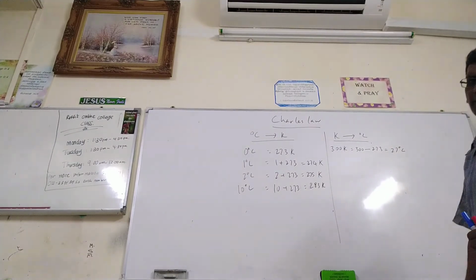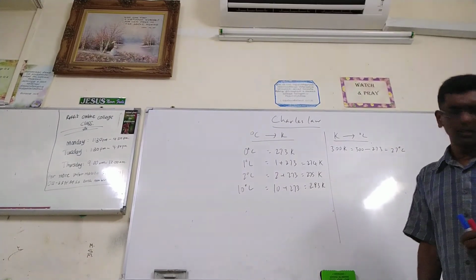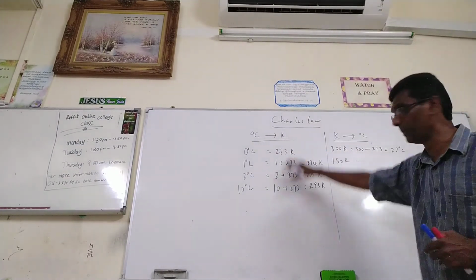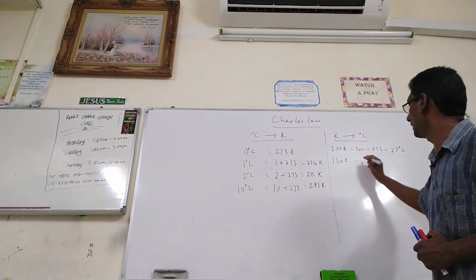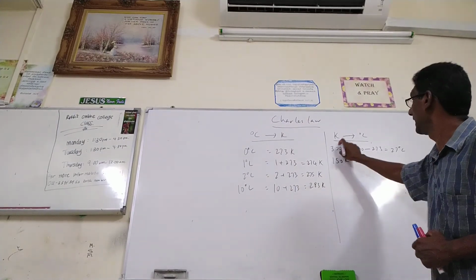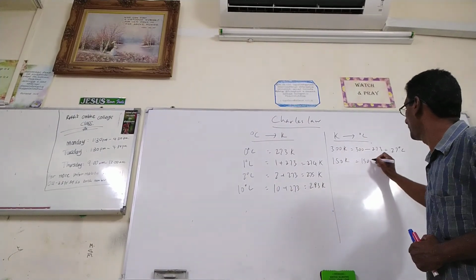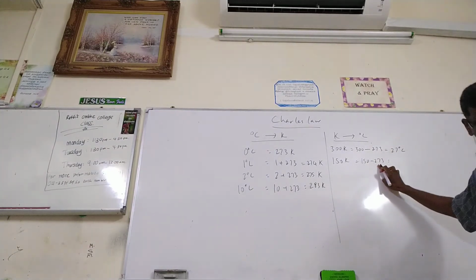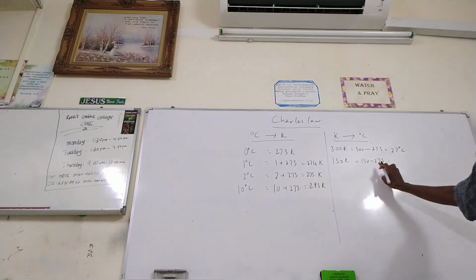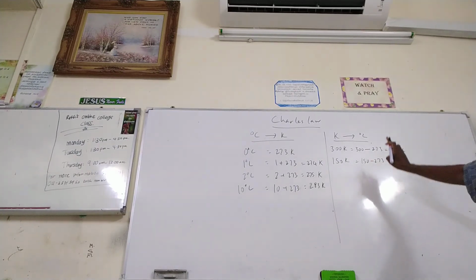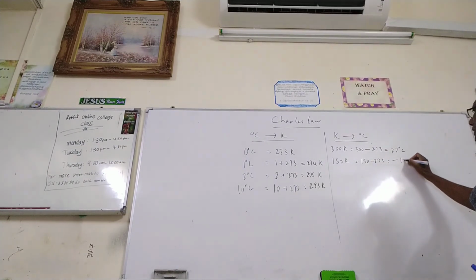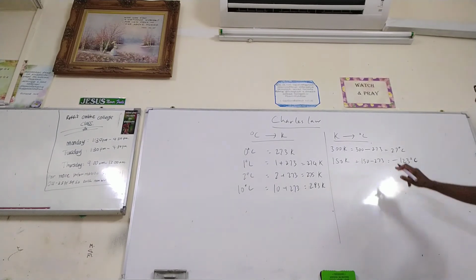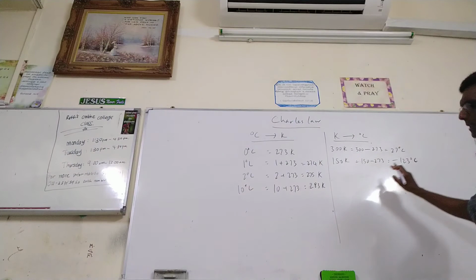For example, 150 Kelvin, change to Celsius. 150 minus 273 equals negative 123 degrees Celsius.